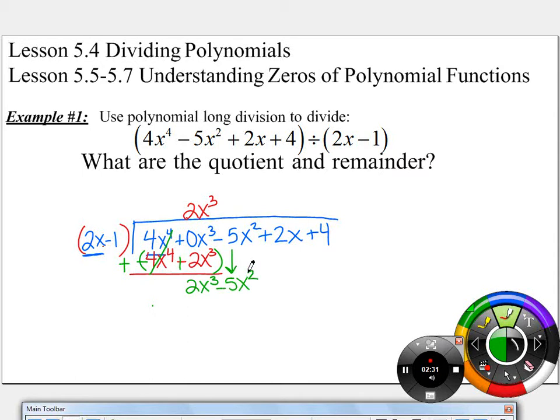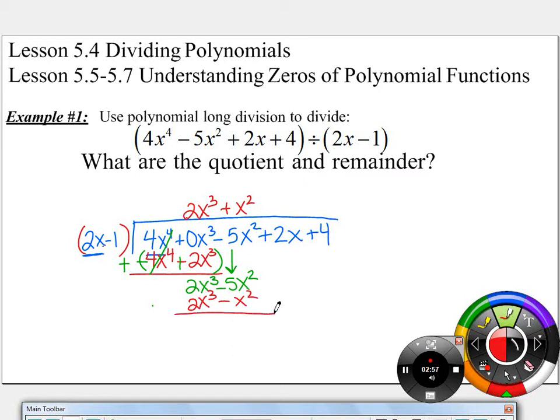And now I start the process over again. I ask myself, what would be the next thing that I would multiply times 2x to obtain 2x to the third? That would be x squared. Once I make that decision, that x squared needs to be distributed to this entire 2x minus 1. So x squared times 2x will give me 2x to the third, which is what I wanted, and x squared times negative 1 will give me negative x squared.